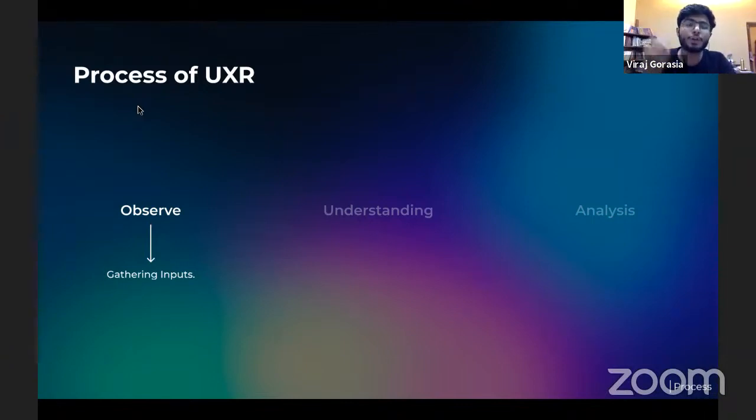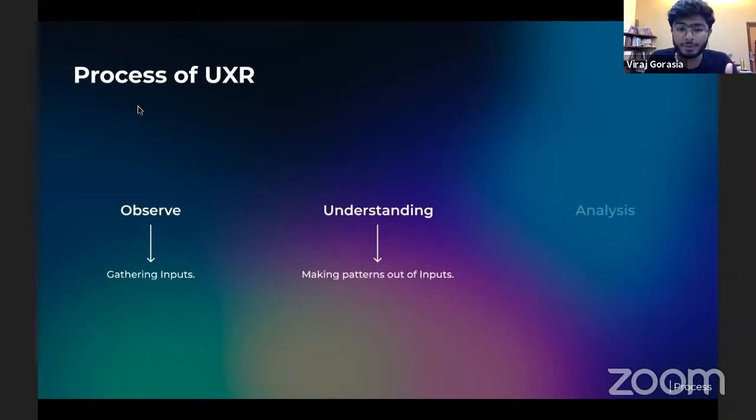We were just listening to what you guys were talking about and maybe making notes while you were speaking. Or maybe when you're doing user interviews, you make notes, right? So that is observation, where you are gathering inputs. You're not making any assumptions. One of the mistakes that we made was that we made some assumptions at the start, which researchers should not do. You just need to gather inputs.